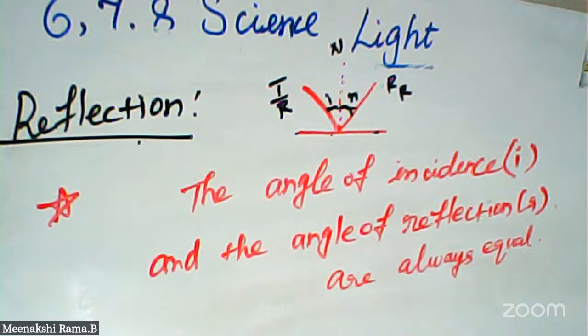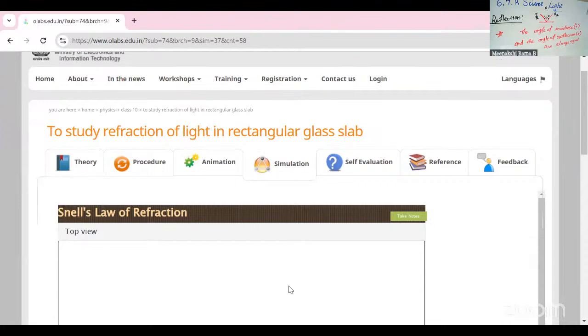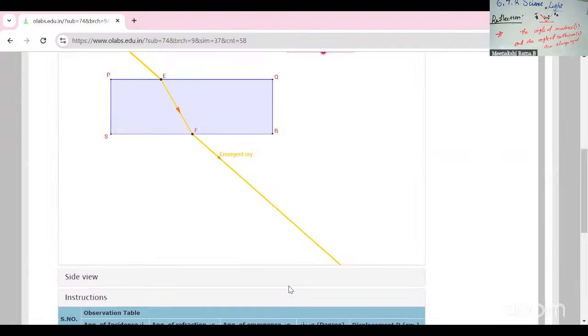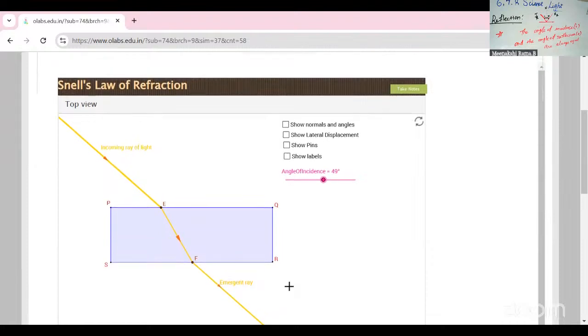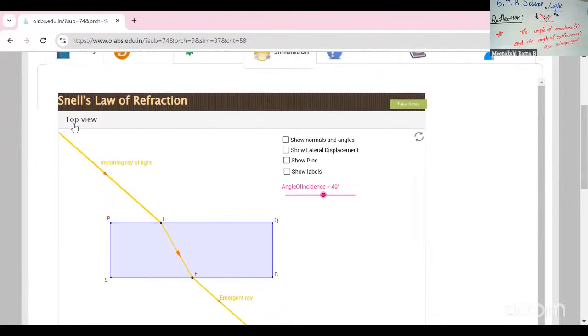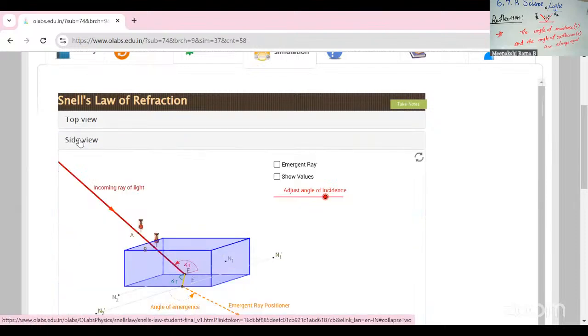I'm going to show one more simulation. Yes, I think you know about the simple experiment. So this is the side view.